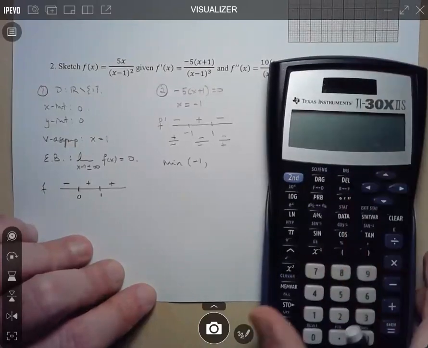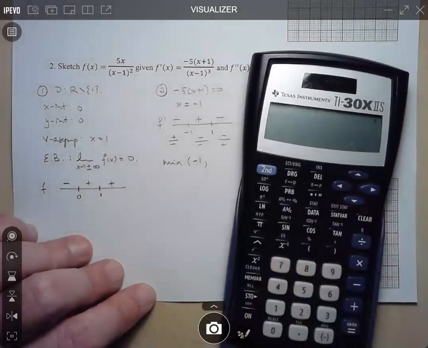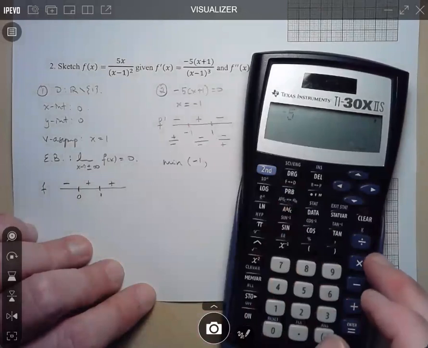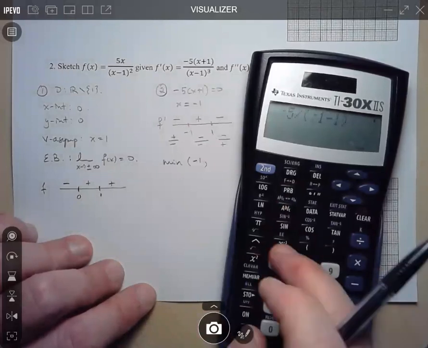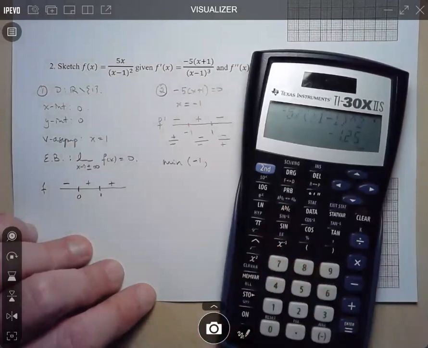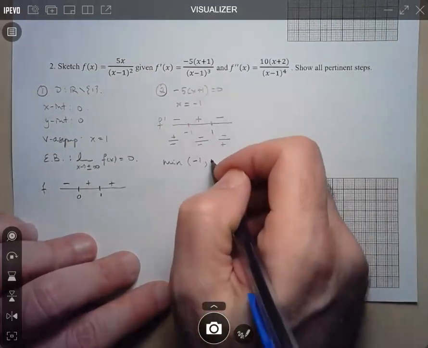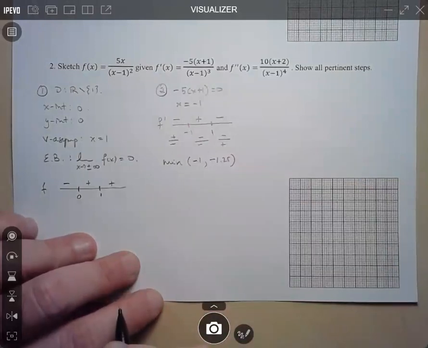Now, of course, we can do this in our heads, but I don't want to take any chances. So here, what do we have? We have -5 divided by, and what do we have in the denominator? -1 minus 1 all squared. So it looks like -1.25. Okay, and there's my min.